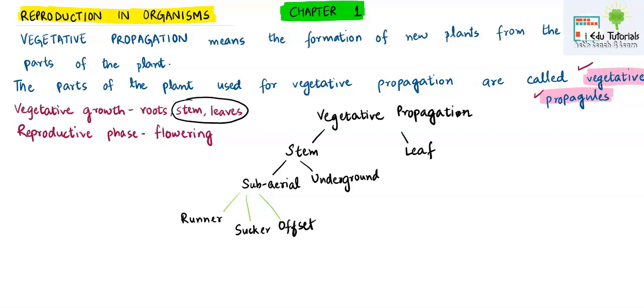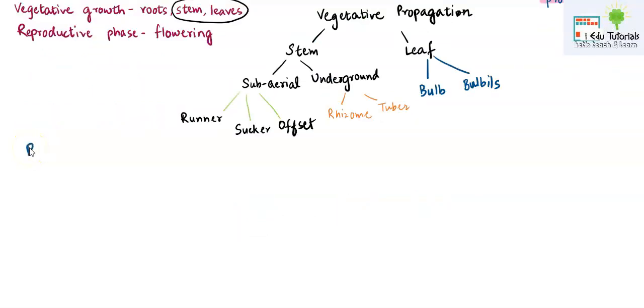In the case of underground, we will be studying rhizome and tuber. In leaves, we are going to study bulb and bulbils in Bryophyllum. So one by one we will go ahead. Let's start with runner first.